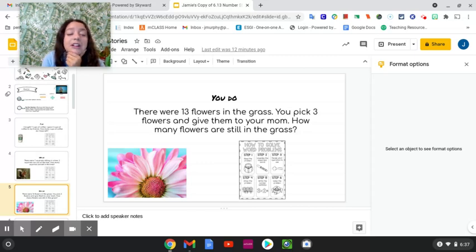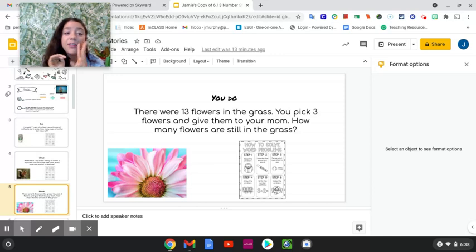I'm going to read it again. You listen carefully. There were 13 flowers in the grass. You pick 3 flowers and give them to your mom. How many flowers do you still have in the grass? I'm just going to sit here and wait for you to solve this problem. 13 flowers.